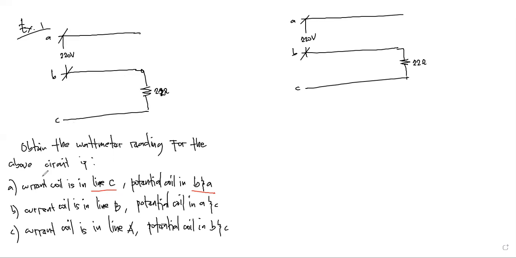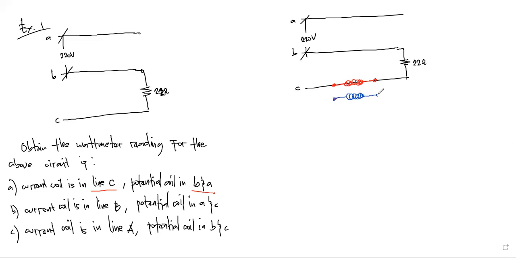In letter A, the current coil is in line C. How do we position it? It must be connected, or inserted, in line C. And the potential coil is the second coil below the current coil.